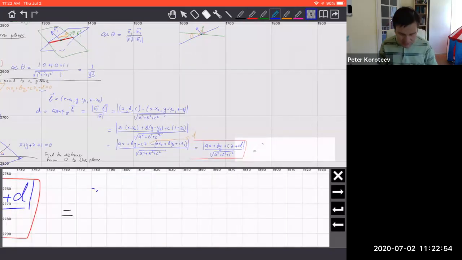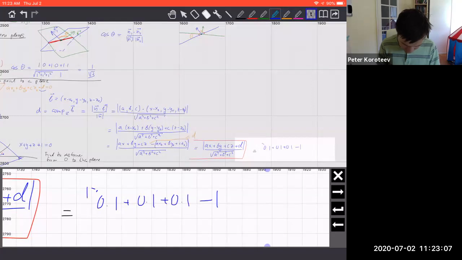So x equals y equals z equals 0 in this case because we are looking at the origin of the coordinate plane. So it's the absolute value of 0 times 1 plus 0 times 1 plus 0 times 1 minus 1, divided by square root 3. So it's 1 over square root 3.